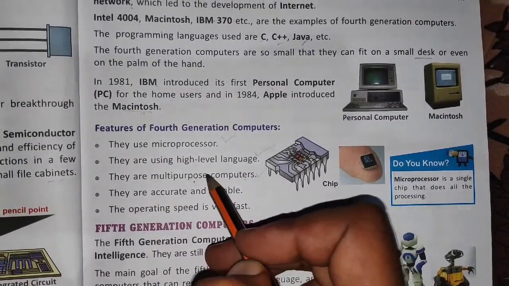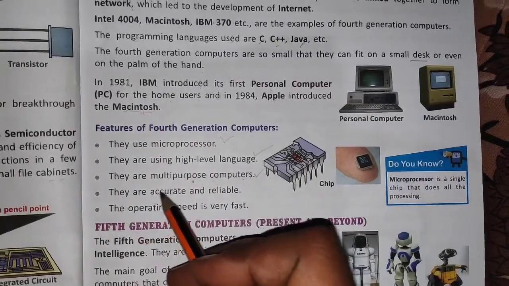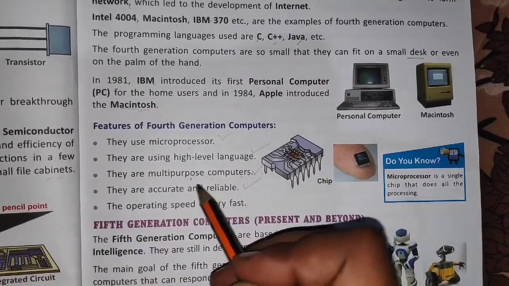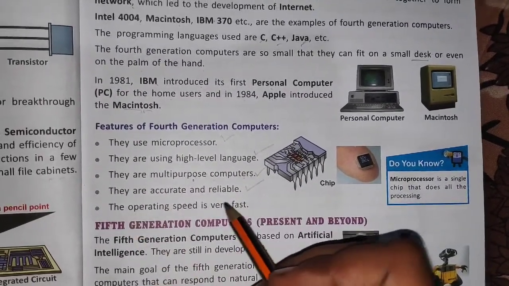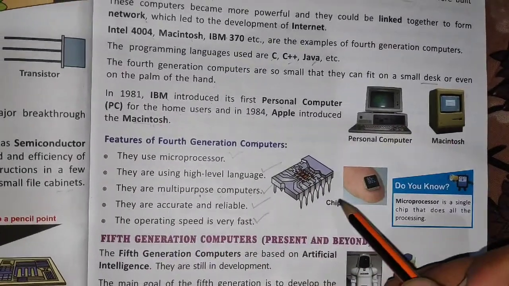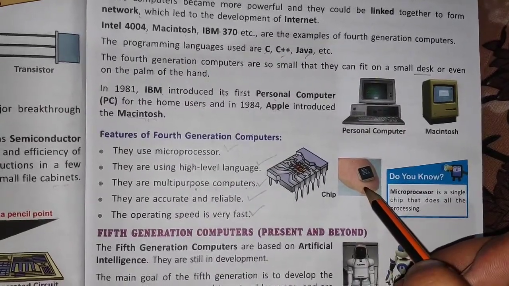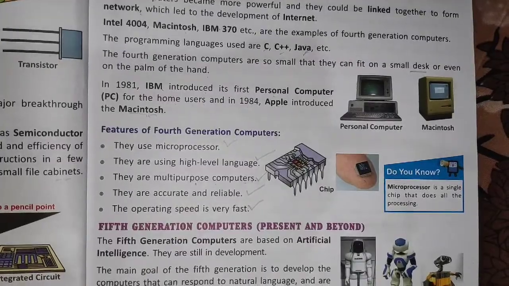That's why they are called multi-purpose computers, and they are accurate and reliable. Whatever is calculated by these computers is always accurate. The operating speed of these computers is very fast. This single chip, the microprocessor, does all the work, and it is also called the CPU, central processing unit.